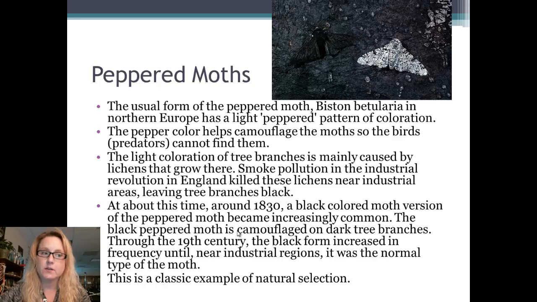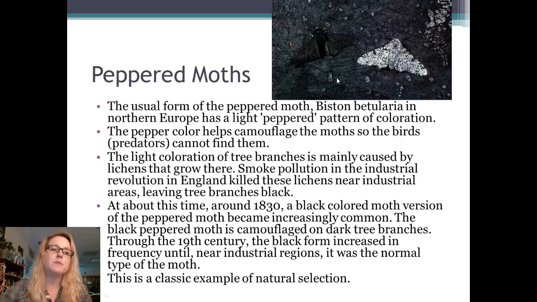So the light coloration of the tree branches in England is mainly caused by lichens that grow there. And the smoke pollution in the Industrial Revolution in the UK killed these lichens in the industrial areas, leaving the tree branches black. If you look up here, you can see these black tree branches.